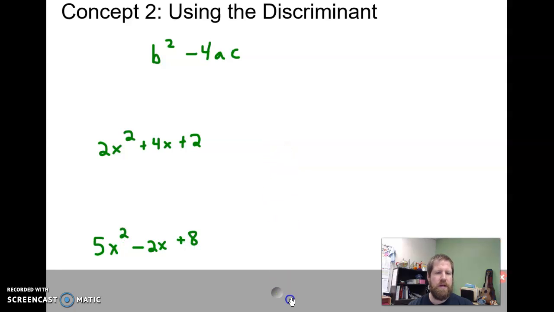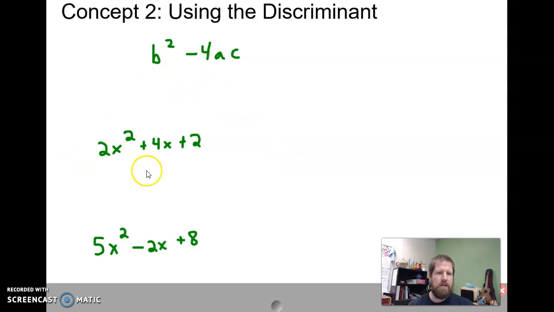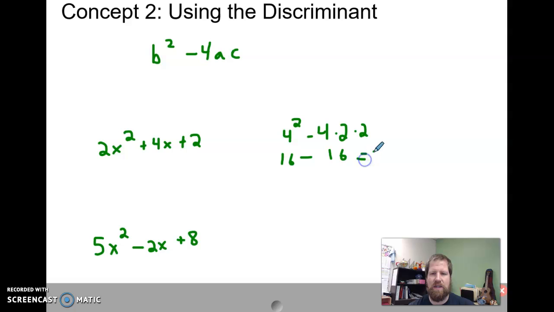We're still just plugging in values. So if this is my equation, then I have my a as 2, my b as 4, and my c as 2. So I'd come up here and I would say, 4 squared minus 4 times a, which is 2, times c, which is 2. 4 times 2 times 2 is 16. 4 squared is 16. 16 minus 16 is 0.